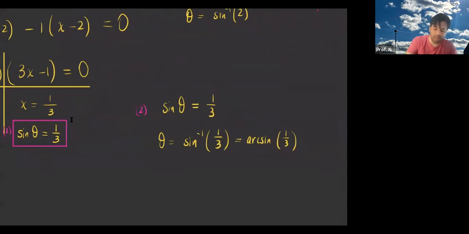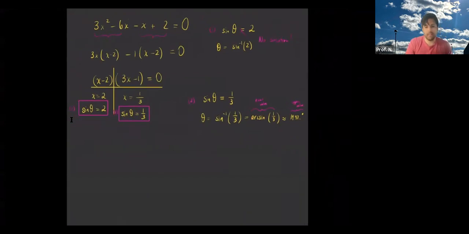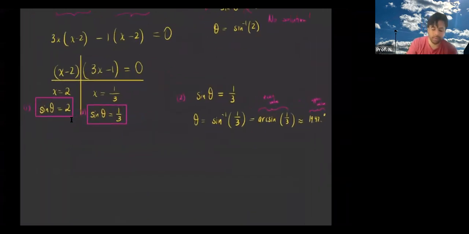If you use arcsine, just to give us an idea of what this actually is, if you do sine inverse of 1/3 in degrees, this is 19.47 degrees. So again, this is the exact value, and this here is an approximated value. And what I'm interested in is the exact value, not the approximate value.